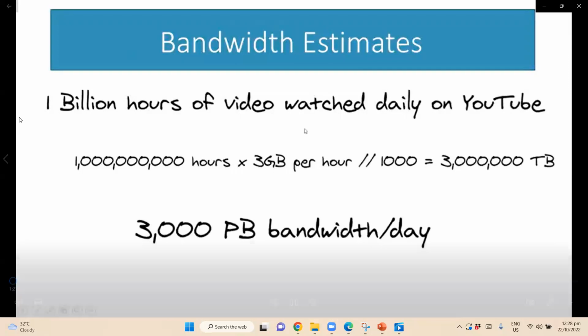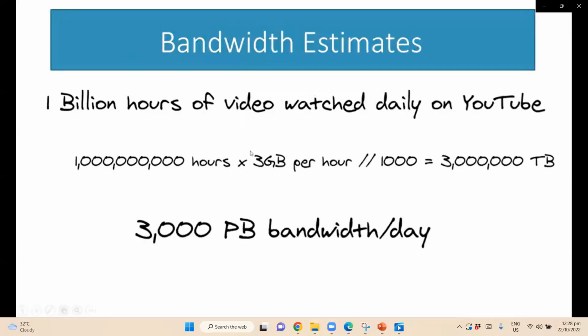So we take a rough estimate, assuming a mix of people watching in HD or standard versus low quality, and we say it's just 3 gigabytes per hour. You take the 1 billion hours total times the average amount of data used per hour of video.